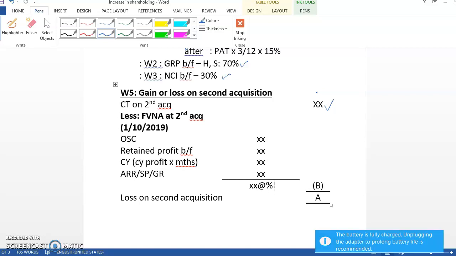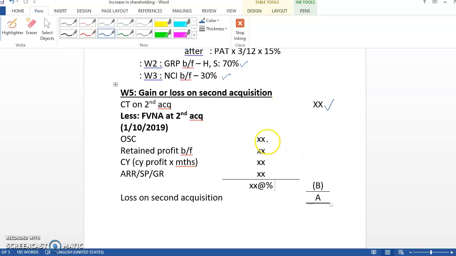Actually, the items are all items that normally consist in the calculation of goodwill. You have ordinary share, you have your retained profit, but now you must calculate the retained profit as at the second acquisition, that is on the 1st October 2019.